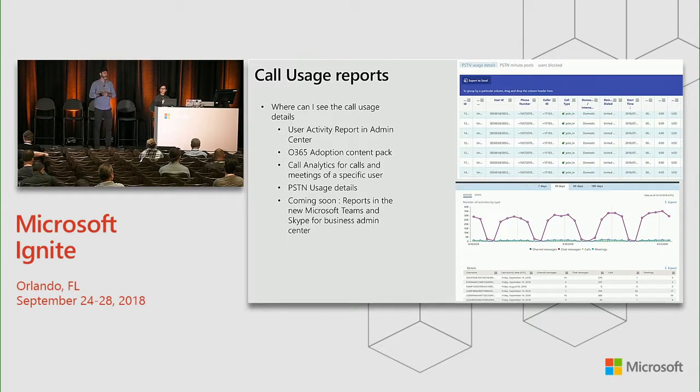Content Pack is a great resource, specifically when you want to pull data out and start slicing and dicing that with the other good information that you have in AAD. It not only gives you information about calls or how a product is being used, but it gives you an overall view of how O365 or M365 is being used across your organization. Personally, it's a great tool.